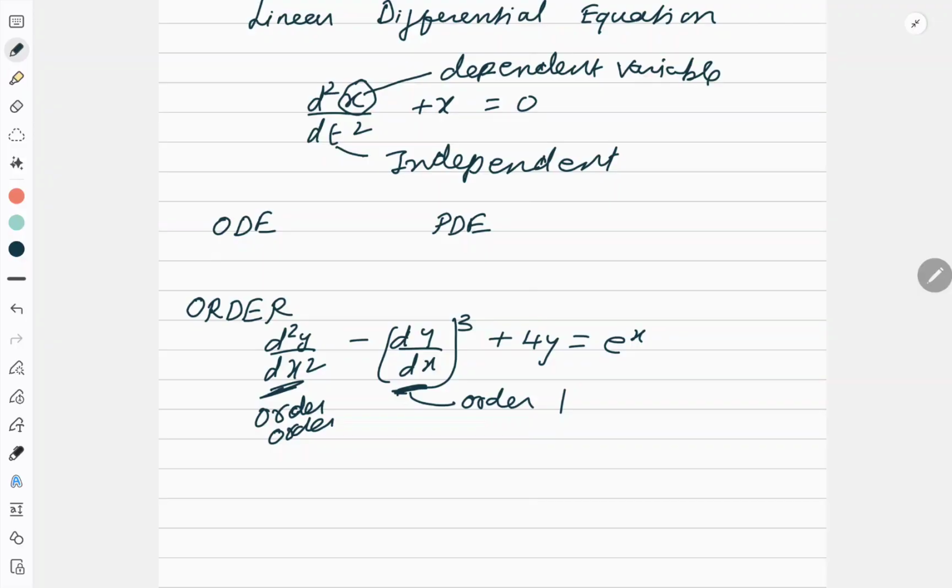Now, based on the order, we need to understand whether the equation is linear or non-linear. What exactly is linear and non-linear?